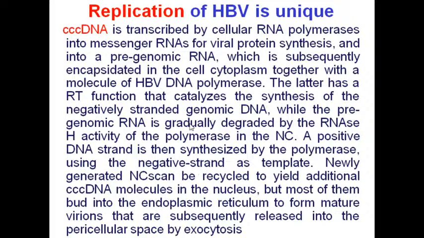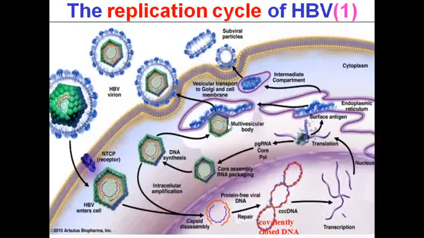So the reverse transcription activity of the polymerase catalyzes the synthesis of the negative strand genomic DNA here inside the core. The negative strand genomic DNA will be produced. And then from this moment, this capsid may again be decapsidated and the nucleic acid may enter the cycle.